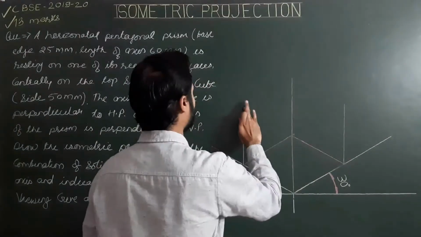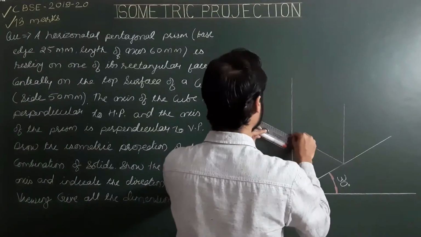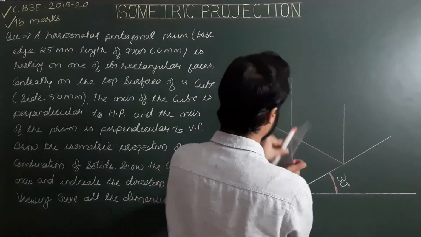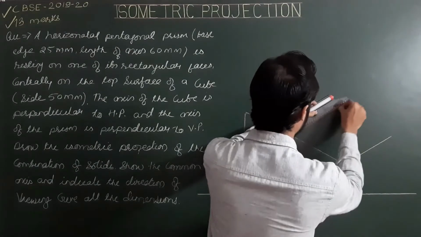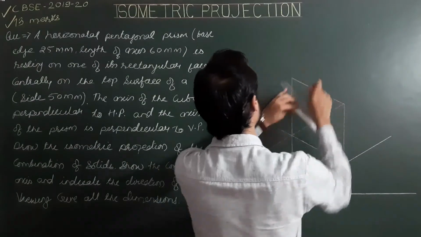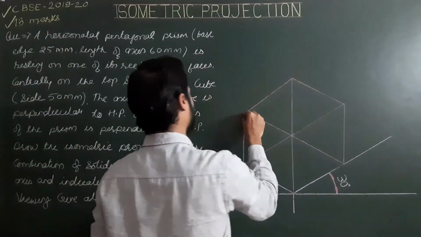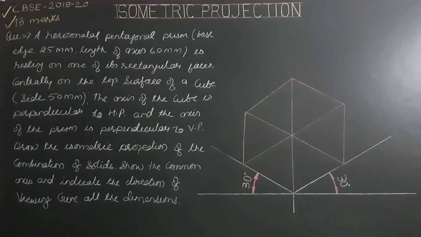Now from all 4 points, again drawing lines parallel to the first and second ISO axis, or simply joining these corners. So this is the cube, the first solid of the combination.